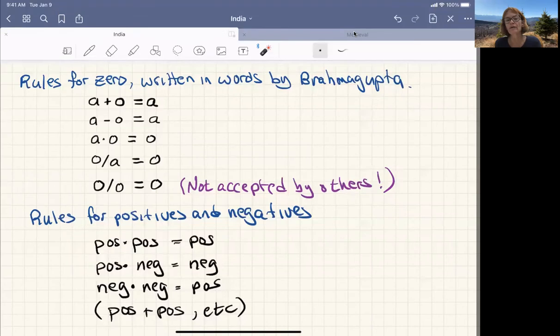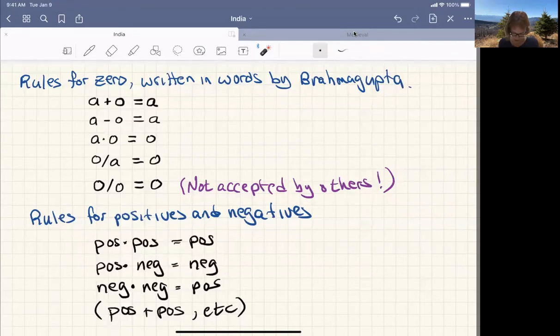Now, he also had rules for working with positive and negative numbers. So doing arithmetic on positive and negative numbers. So for example, he knew that positive times positive is positive, positive times negative is negative, negative times negative is positive.